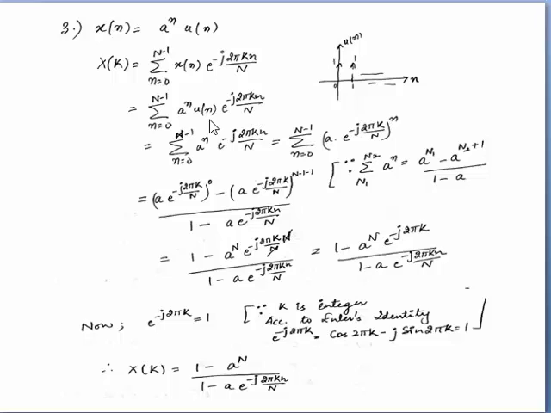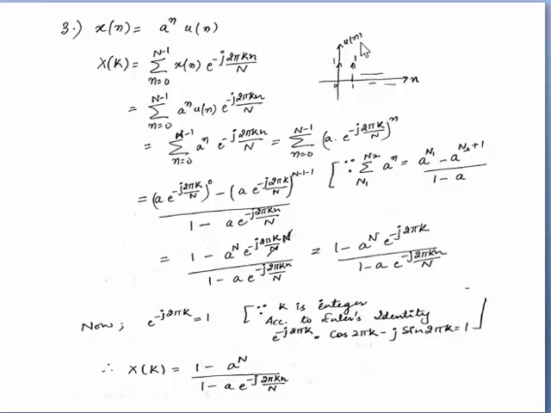We also know the elementary signal unit step u of n is equal to 1 for n greater than or equal to 0. So its value is 1 for n is equal to 0, n is equal to 1, it's also 1, and so on up to infinity. That means u of n is 1 for n greater than or equal to 0, otherwise its value is 0.